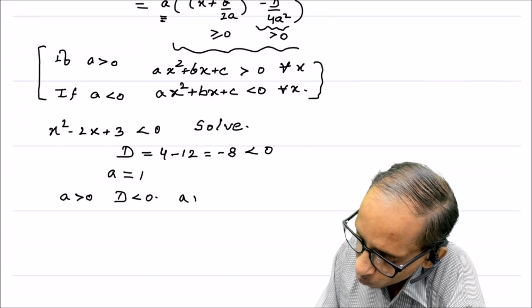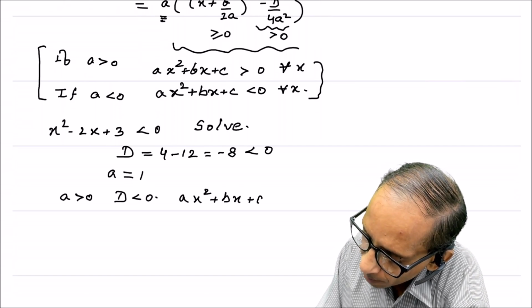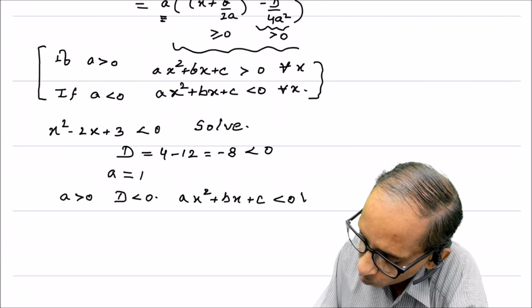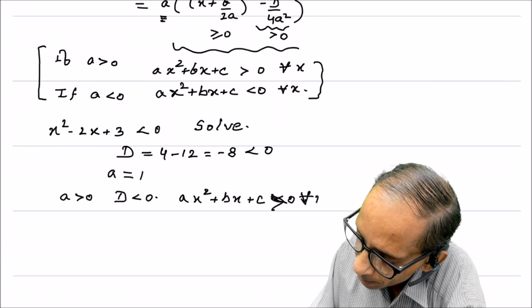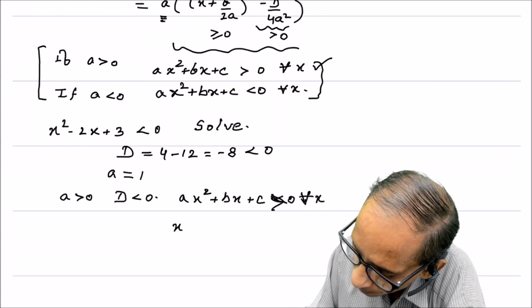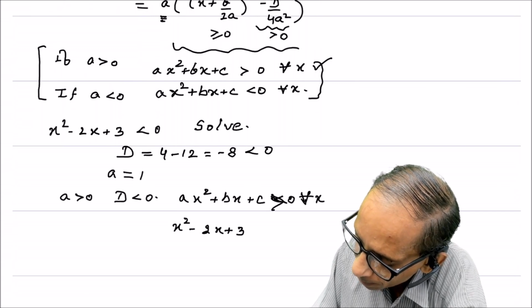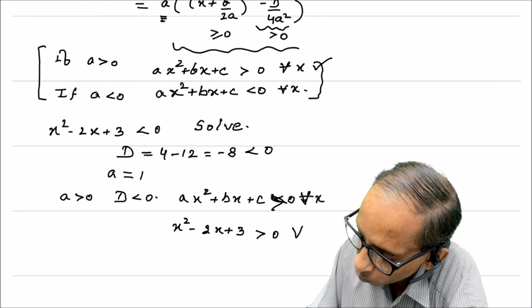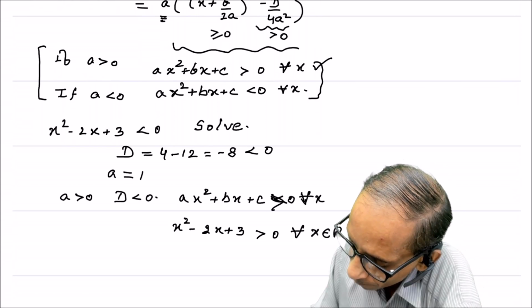So ax square plus bx plus c will be greater than 0 for all x. That is what we found here. So what we conclude is x square minus 2x plus 3 has to be greater than 0 for all x which are reals.